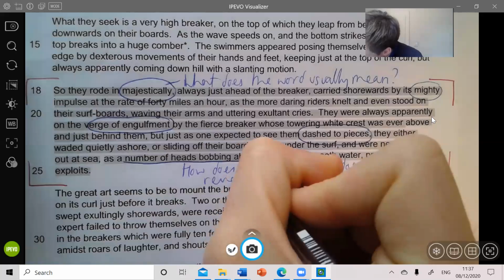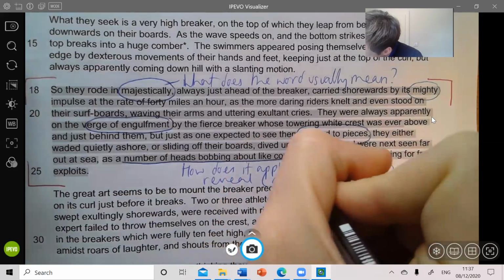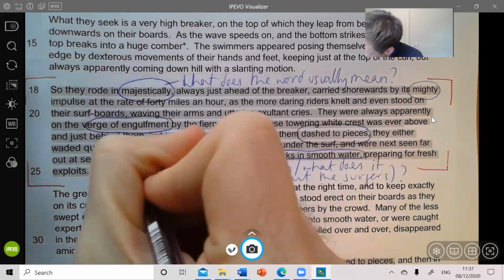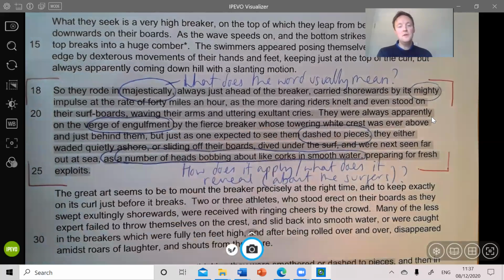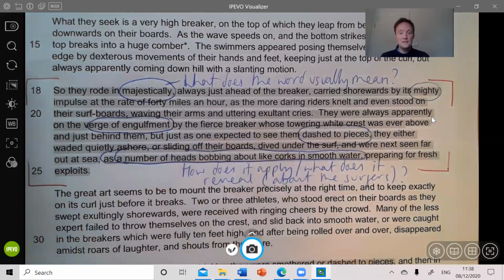a number of heads, there's a simile, a number of heads bobbing about like corks in smooth water. So what I'm beginning to do here is highlight some of the words and phrases that you probably would be expected to look into, to interrogate.